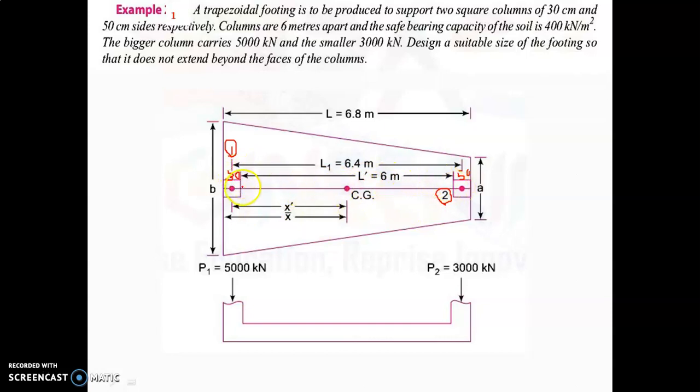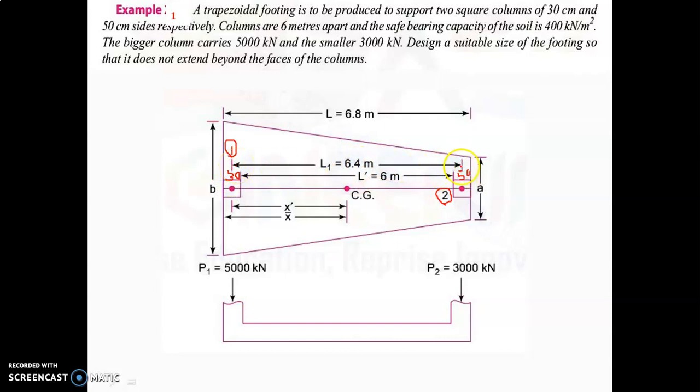Now we have to calculate L1, that is the distance from the center of column 1 to the center of column 2. Here the distance between the columns is 6, so this is 0.15 because 30 divided by 2 is 15 centimeter, but we are writing in meters, so 0.15.